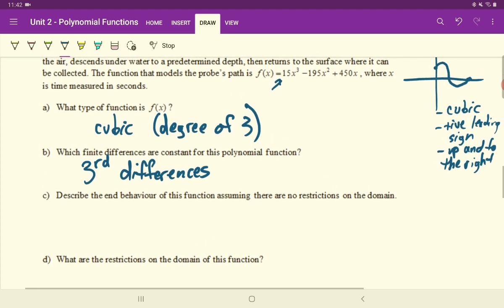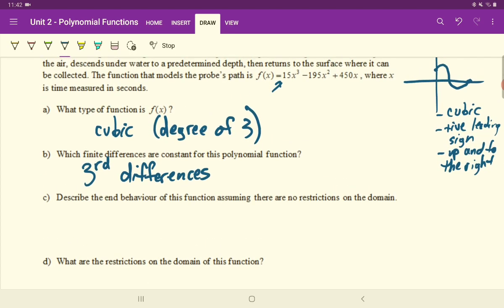Describe the end behavior of this function assuming there are no restrictions on the domain. So let's say that this is a theoretical equation. It's not a real life application where no negatives are considered. What will the end behaviors be? Well, like I said, our sketch of the graph is going to look something like this, where it goes underwater.